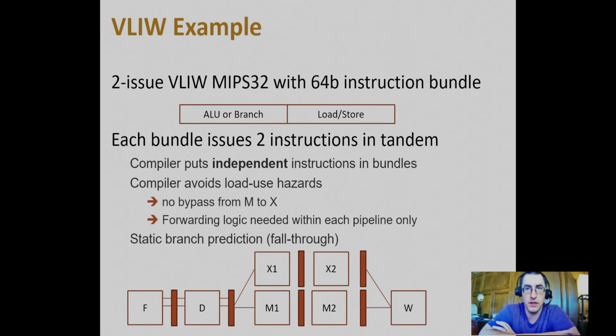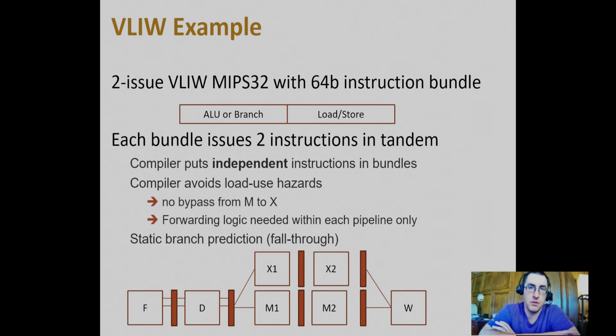A load is finished by the end of the M2 stage. If the subsequent bundle had to read from the register that the load writes to, then we would need to forward from the write back stage back into M1 or X1 and insert a stall, a 1-cycle stall.